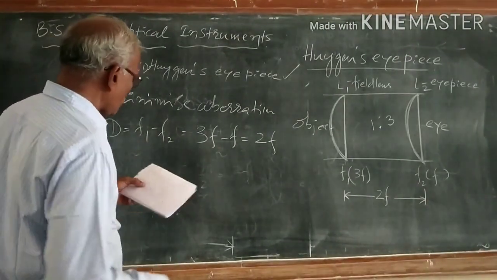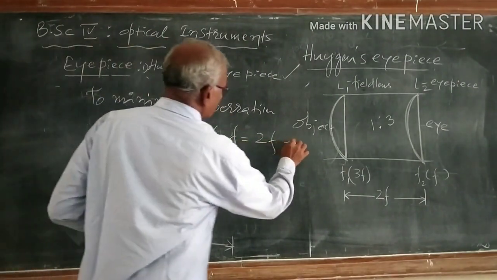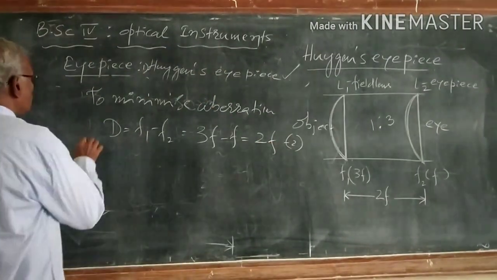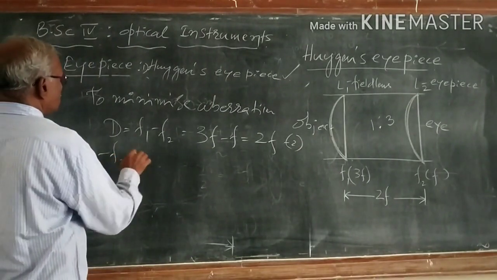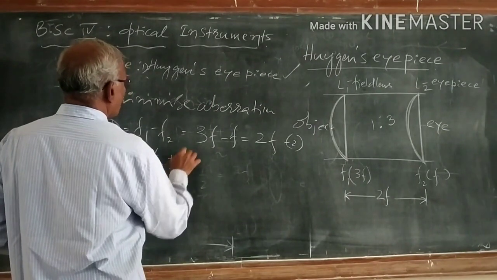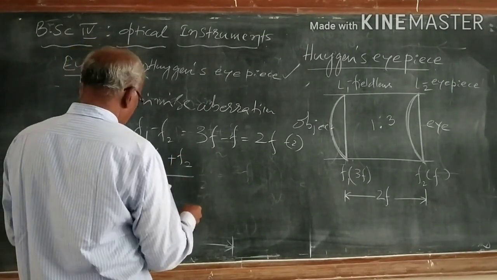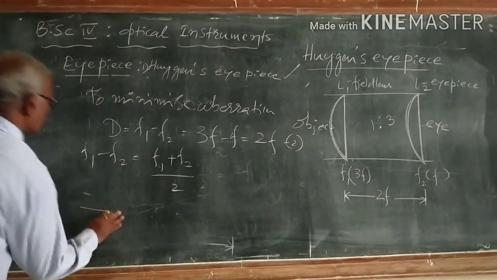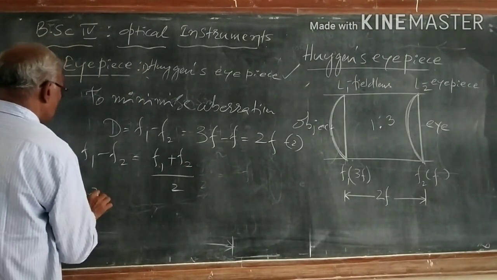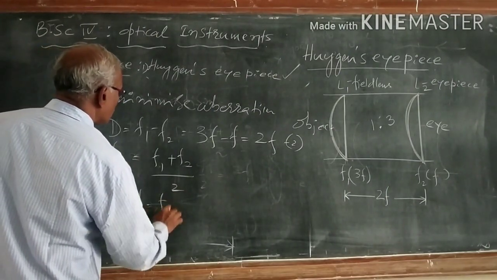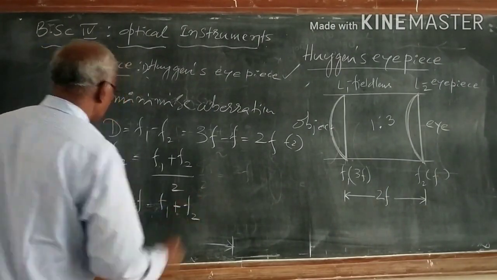By using 1 and 2, equation number 2 this is, so the previous equation is called equation number 1. By using 1 and 2, I will write here f1 f2, equation number 2, and before this we had another equation, it is f1 minus f2 divided by 2. By cross multiplying, what will we get? We will get 2f1 minus 2f2 is equal to f1 plus f2.